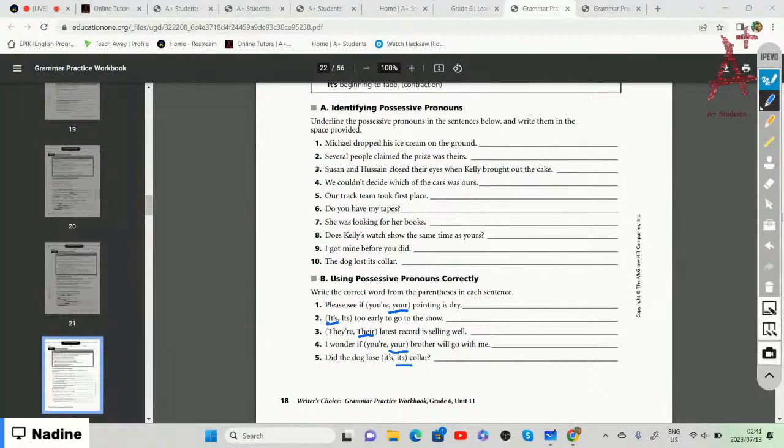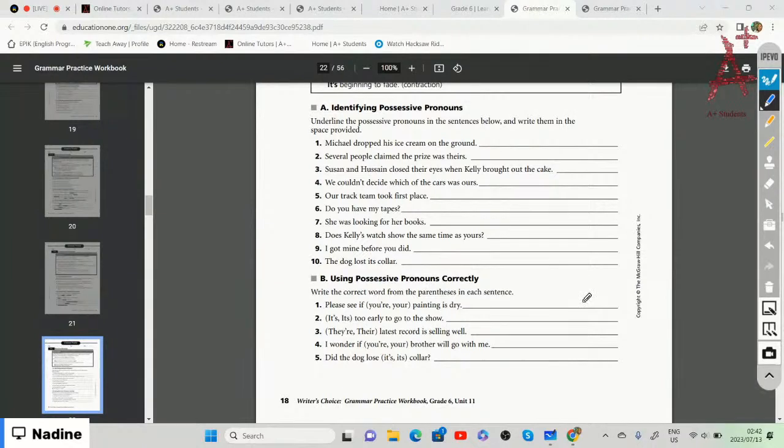The one is a possessive pronoun, and the other one is a contraction. So it apostrophe s stands for "it is," right? So that is our activity on using possessive pronouns, where we underline the correct word or get the correct word from the parentheses.